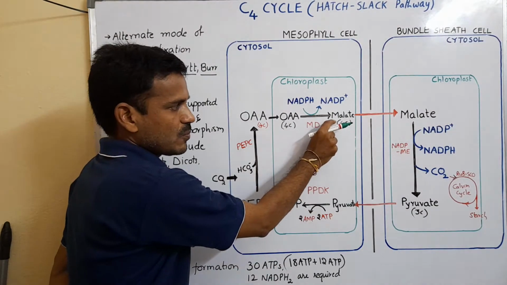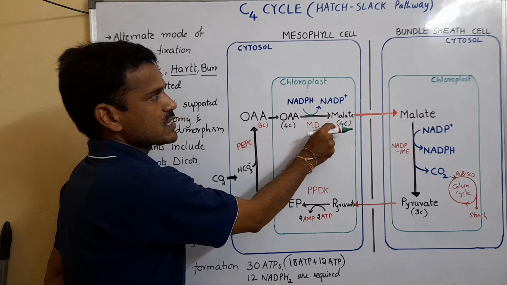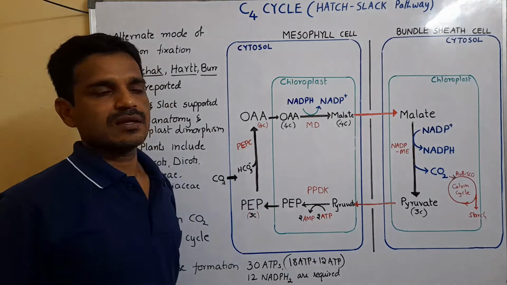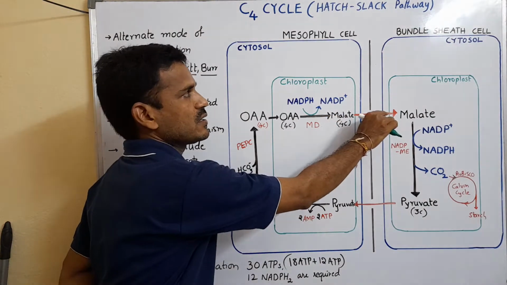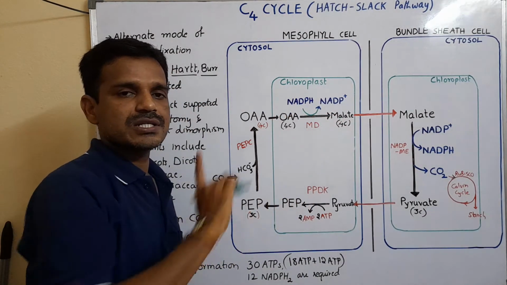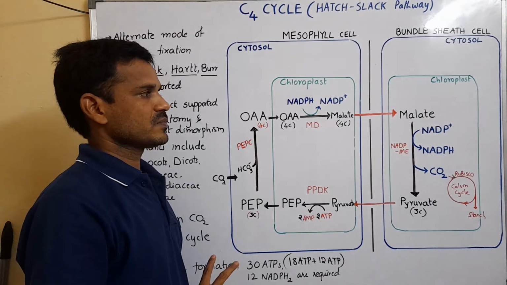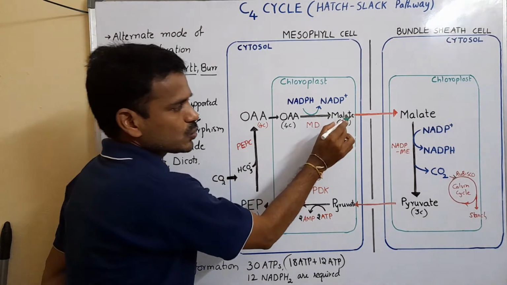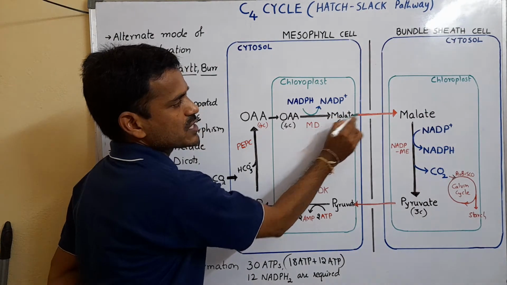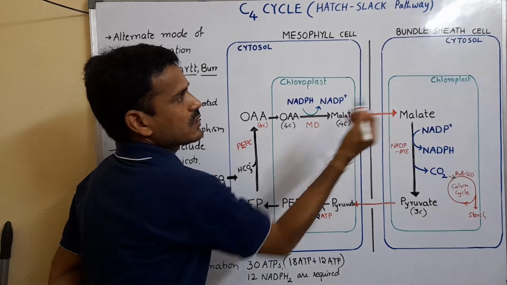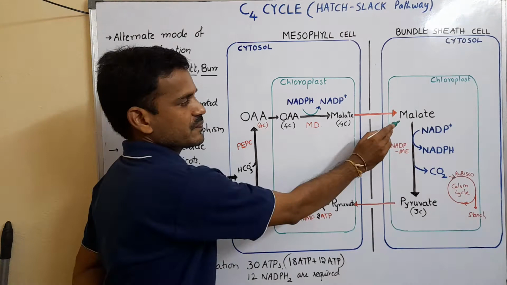Next, malate, now in the chloroplast of the mesophyll cell, enters the bundle sheath cell through plasmodesmata. Mesophyll cells and bundle sheath cells are connected by long plasmodesmata. Through plasmodesmata, malate enters the bundle sheath cell chloroplast.